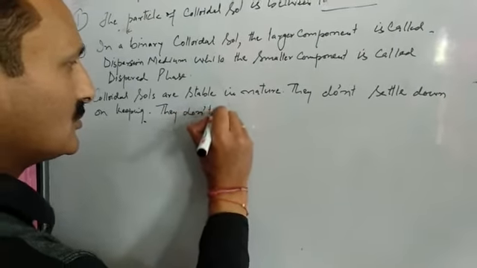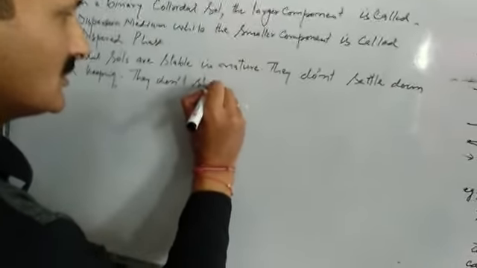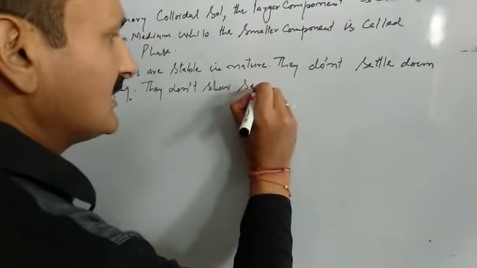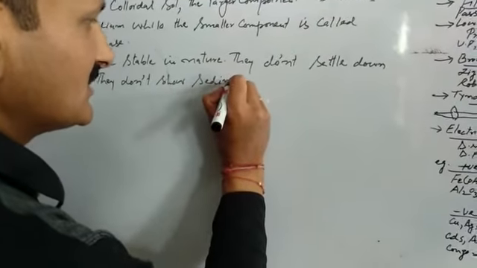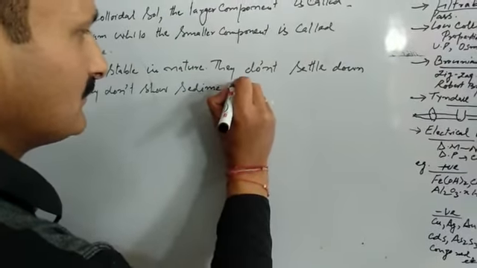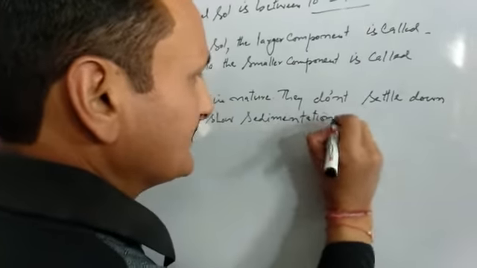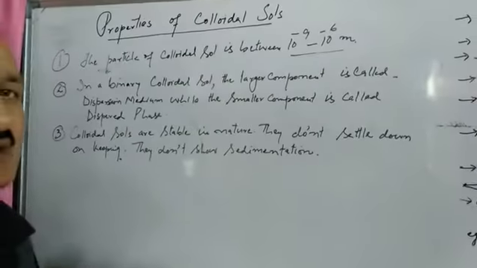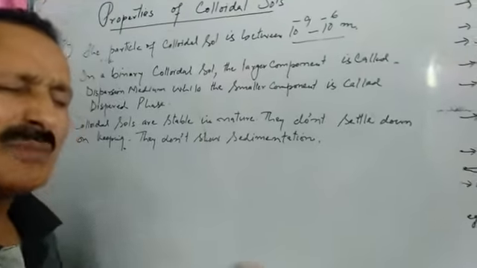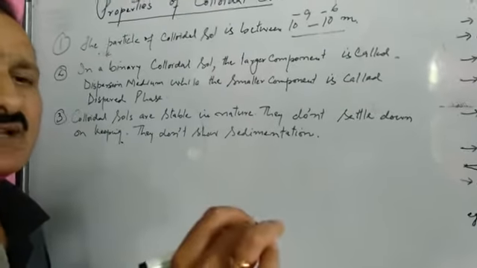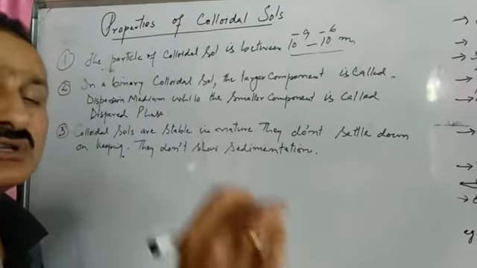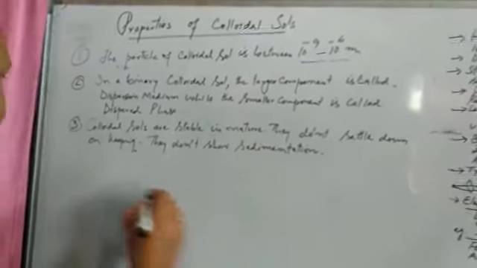By sedimentation we mean that they do not settle down. However, there are a few exceptions. There are some colloidal solutions which may settle down but very slowly. Their sedimentation process is very slow, almost negligible sedimentation.